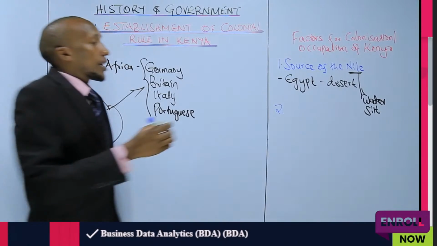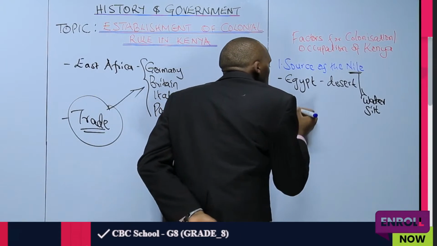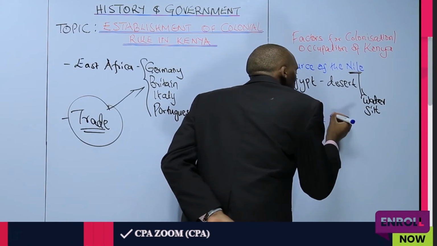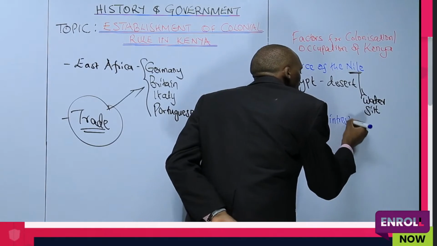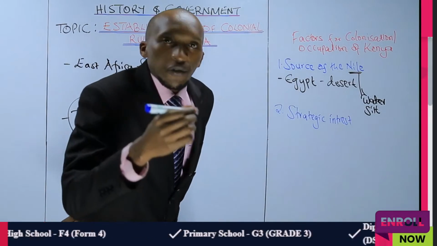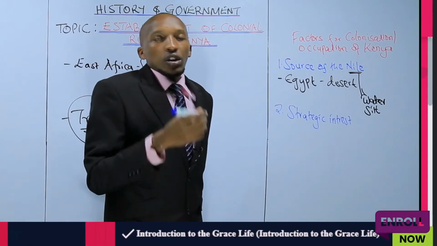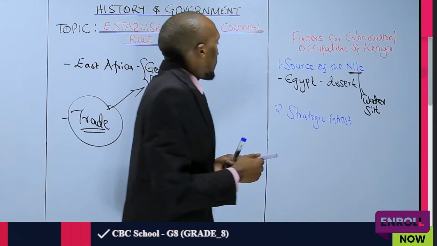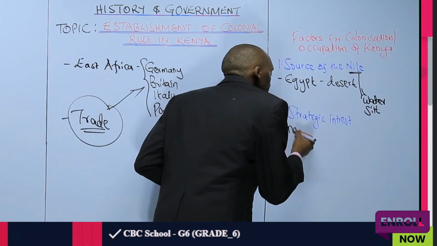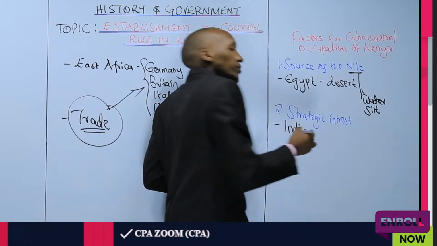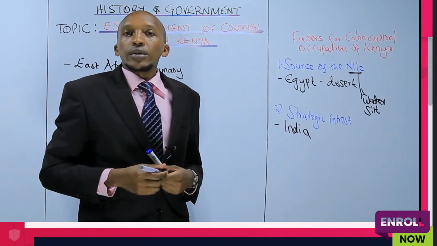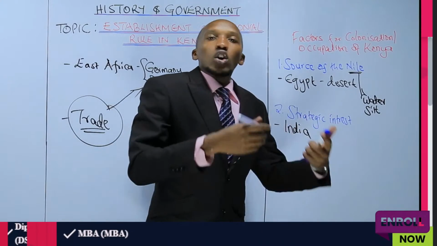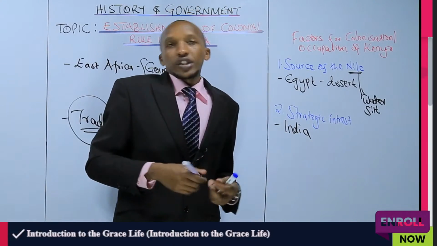Number two, Kenya had strategic interests, or the strategic position of Kenya on the East African coast. So the British had interest in India, right? They had colonized India, and it was very rich for them.